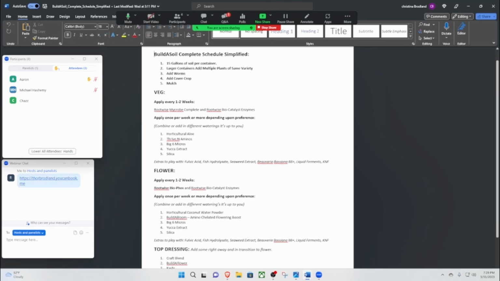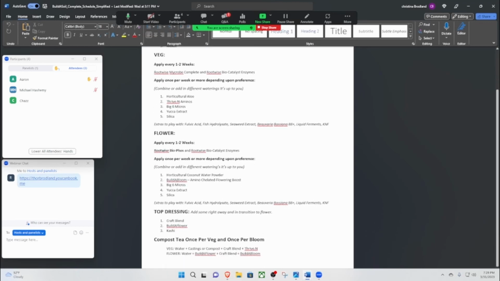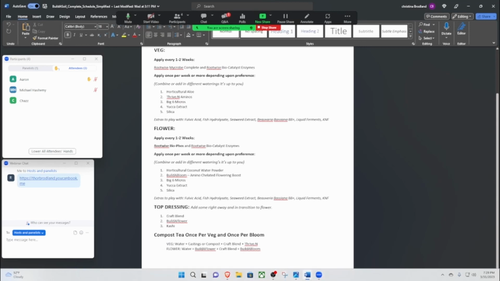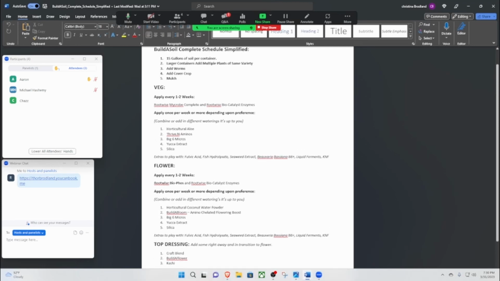But this is a good set of rules to go by as a standard protocol for nutrient addition. These also have some products that Build a Soil offers, and I always find it easier, especially when you're just starting out, to order it and have it delivered to me and still be a really high quality product. That's one reason I like telling students about what they have.